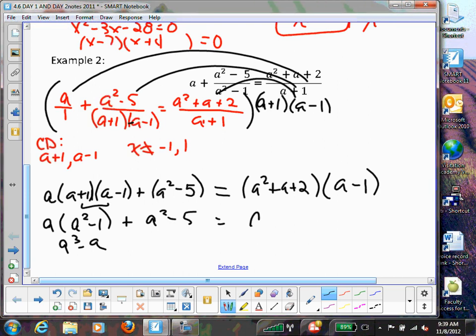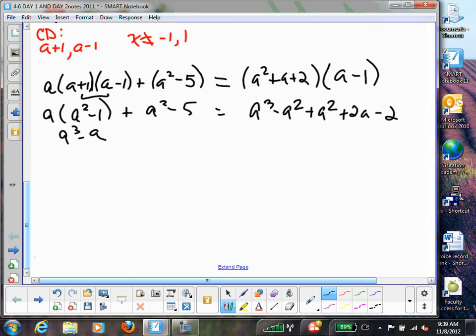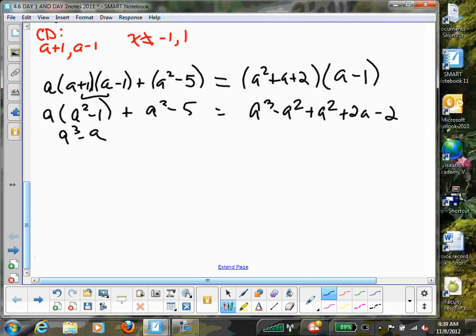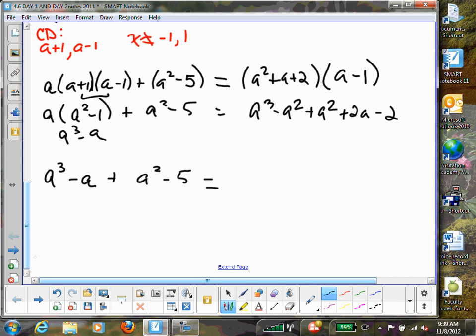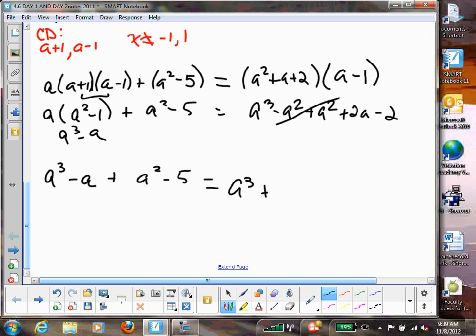And this is going to be a cubed minus a squared plus a squared plus 2a minus 2. Would you agree? So my whole equation starts by saying a cubed minus a plus a squared minus 5 equals a cubed plus 2a minus 2, because the a squareds drop out on the right side.